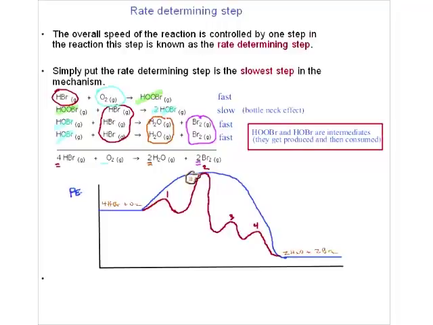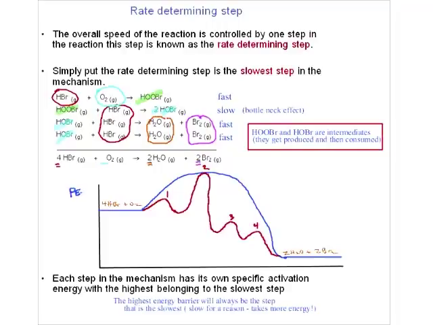So lots of bumps and humps here, and it doesn't matter where these guys are in relation to the others. 1, 3, and 4 are really insignificant. Number 2, because it's the slowest, is the one that matters here. Okay? So each step in the mechanism has its own specific activation energy, and the highest one belongs to the slowest step. Okay? There we go.